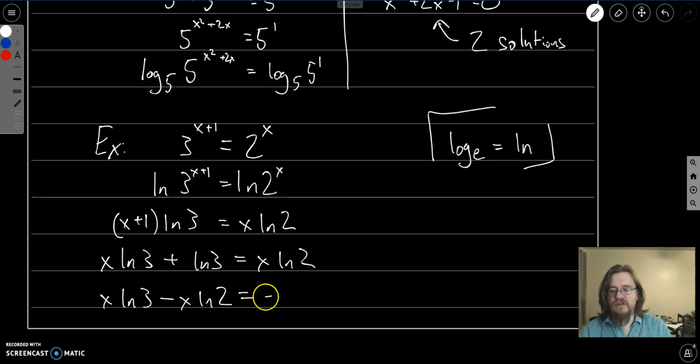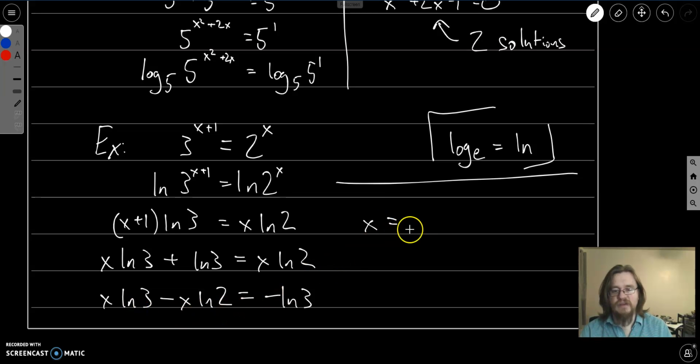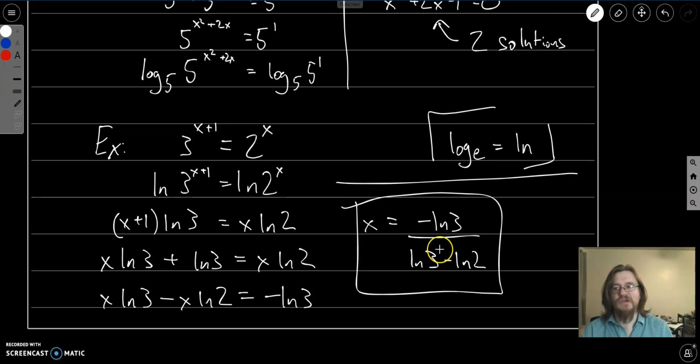And I'll move this to the other side as minus the natural log of 3. And then solving for x, I'll pull out an x. And dividing both sides by the leftover, we get minus the natural log of 3 divided by the natural log of 3 minus the natural log of 2. And this would be our answer, which we could plug into a calculator to compute an actual value.